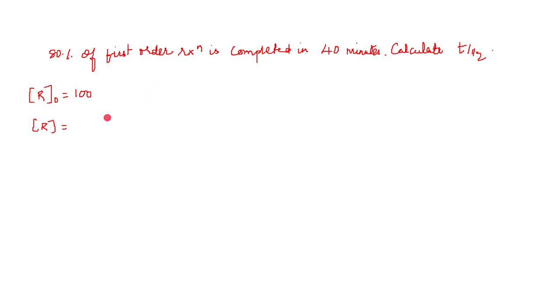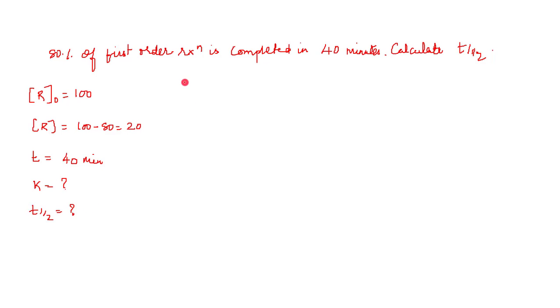What will be left out, that will be nothing but 100 minus 80, it will be equal to 20. Time, 80% reaction is completed in 40 minutes. So K has to be calculated and then you can calculate T half, right?